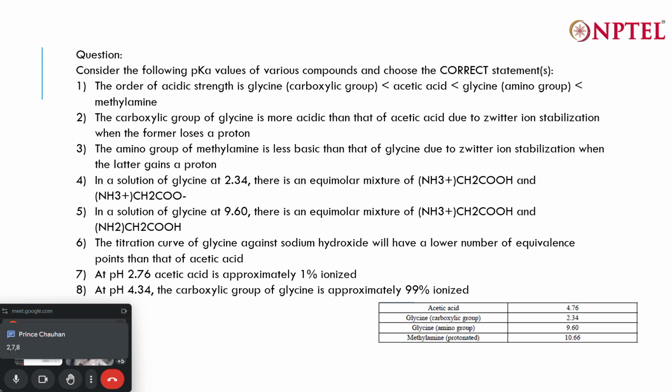Okay, so 2, 7, and 8. Okay, any more answers?